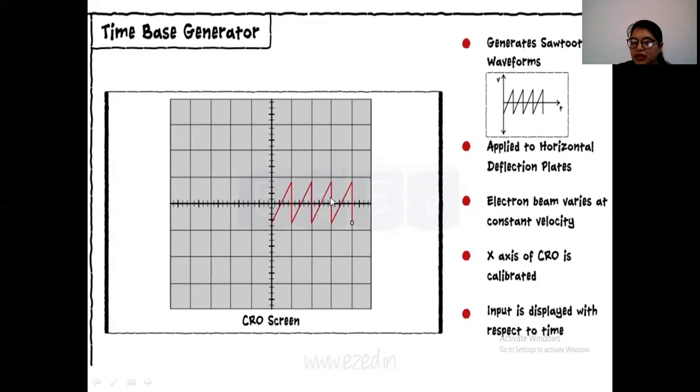That means if there is an error in this signal, then we will see that there is a problem of calibration. So this x-axis will also be calibrated by time-base generator. X-axis of CRO is calibrated. So input is displayed with respect to time. As we know, here it is voltage and here it is time.